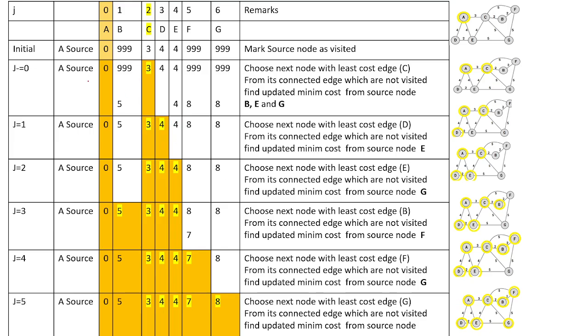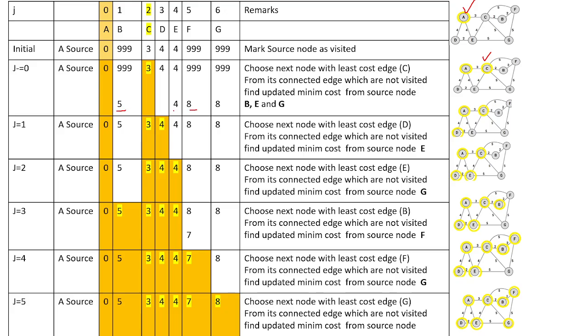So I'll brief again. Initially, A is marked as visited. Among the remaining, the least cost is C. You mark it. Its neighbors are F, B, G, and E. Four nodes. Entries for E, G, F, and B are updated.